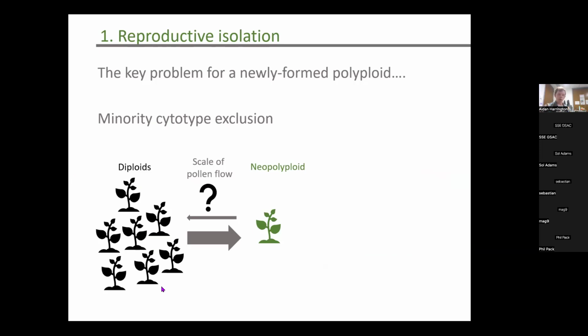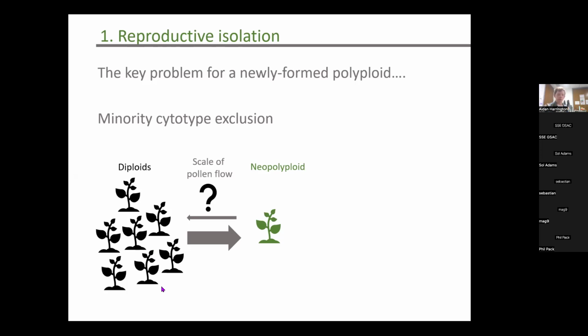And so you would predict under density dependent mating that the scale of pollen flow to the neopolyploid is going to overwhelm its ability to either self-fertilize or produce neopolyploid offspring. Or, conversely, its pollen will be wasted on trying to mate with diploids that it cannot form fertile offspring with.